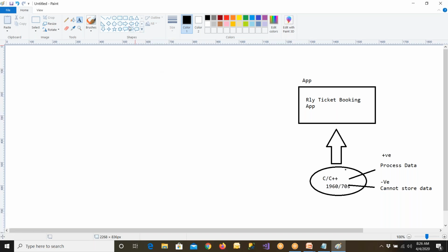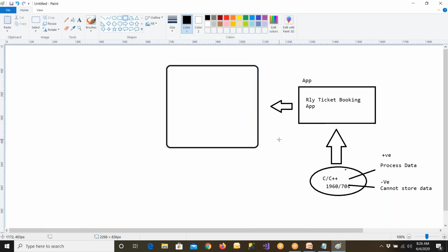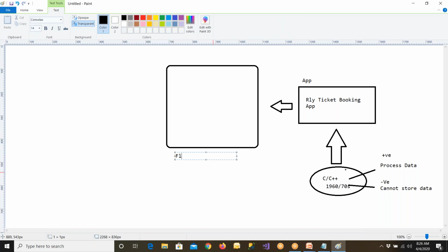But the issue is that this application, because it was developed with C and C++, cannot store data. So the people invented one idea: let us store the data in a flat file, because a lot of data is supplied at the time of booking a train ticket.